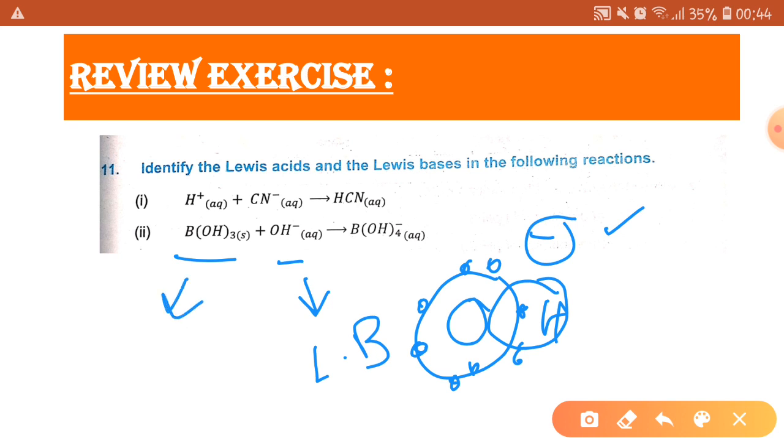And for boron trihydroxide, we read that all the molecules of boron are electron deficient because boron has 3 electrons in its valence shell. It shares those 3 electrons to form 3 covalent bonds. So after the formation of 3 covalent bonds, the electrons in the valence shell of the boron atom are 6. It is still deficient of 2 electrons, so therefore this boron trihydroxide will be acting as a Lewis acid here.